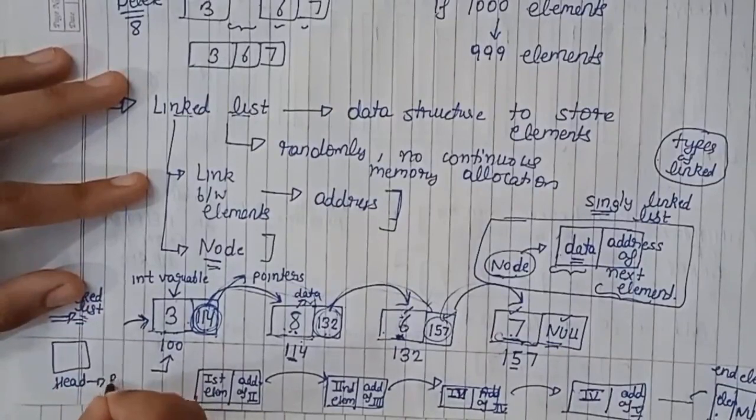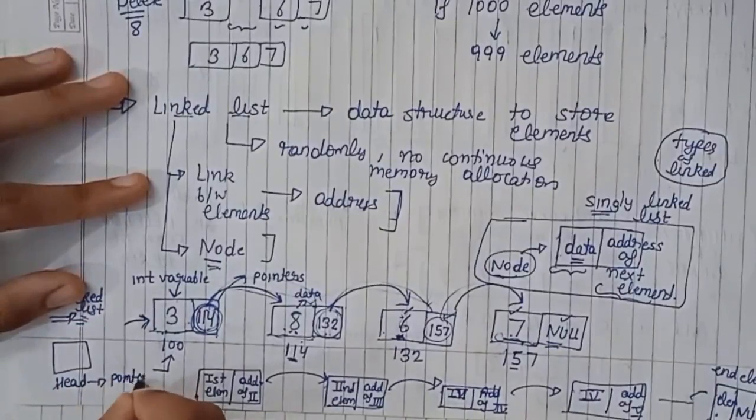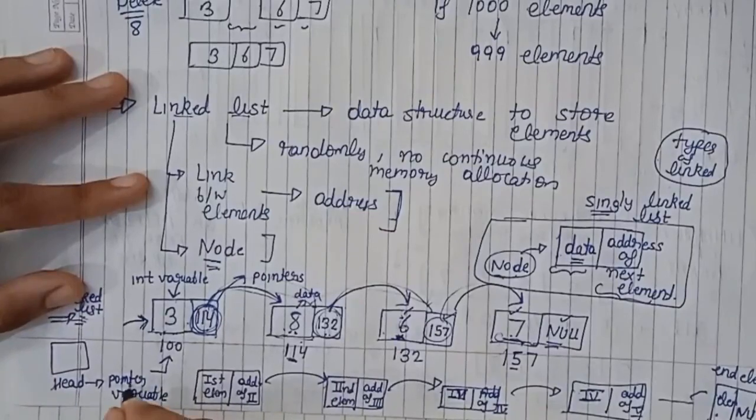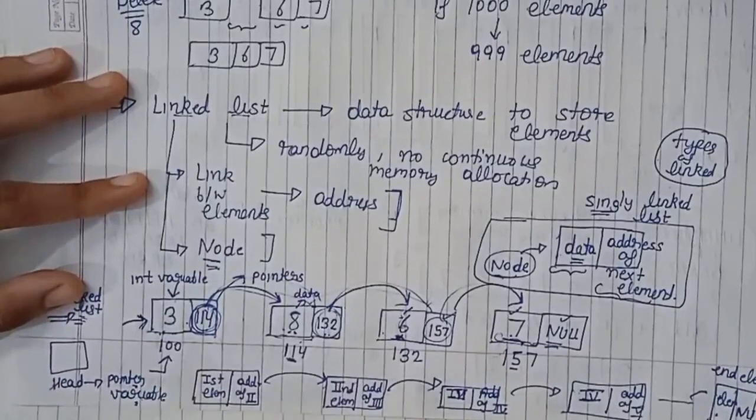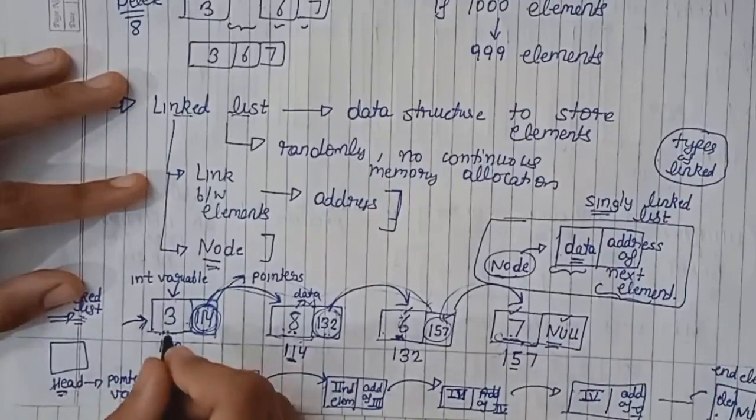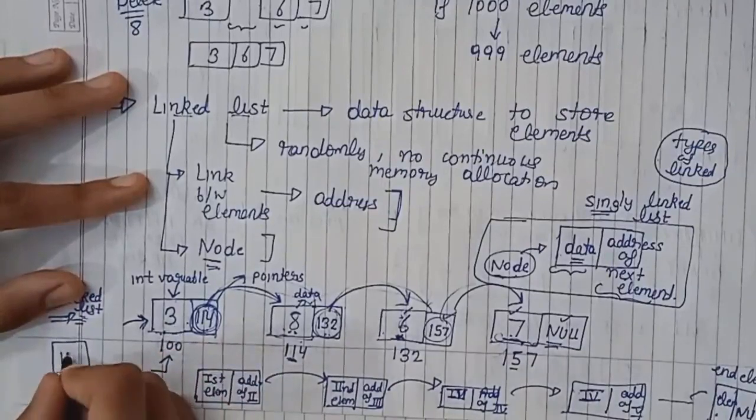This head is nothing but a pointer variable, and since it is a pointer variable, we all know that it will store some address. So whose address will this store? This head will store the address of the first element, which is 100.